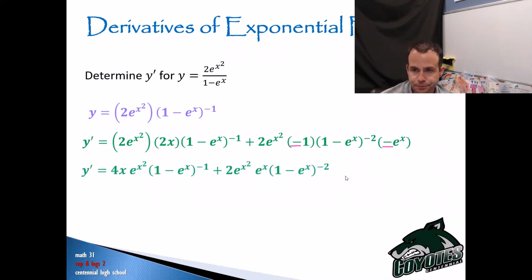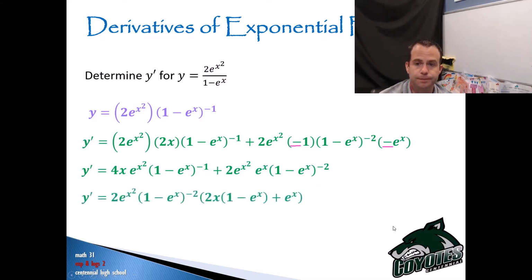Now I can factor out some stuff. I can factor out a 2, I can factor out an e to the x squared, and I can factor out a 1 minus e to the x to the -2. So this guy here is all the things I just said I was factoring out.